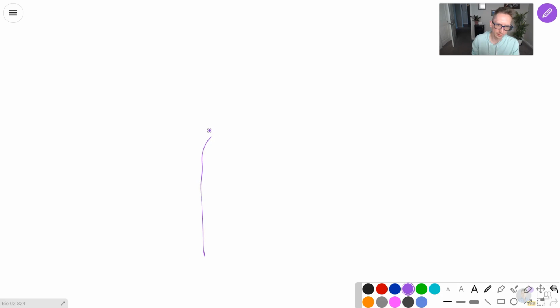Something like this. This is the vaginal wall of one side. Maybe not quite so thick. Vaginal wall of another.